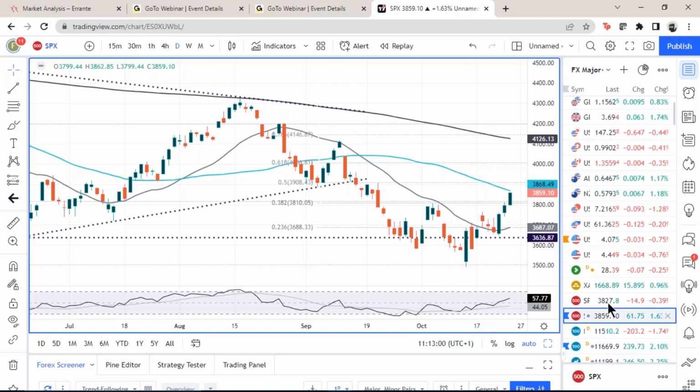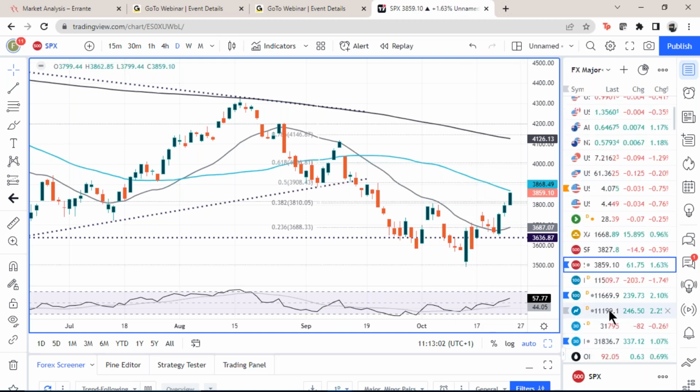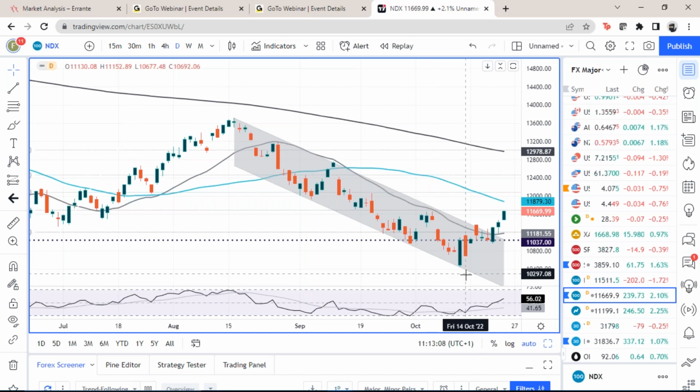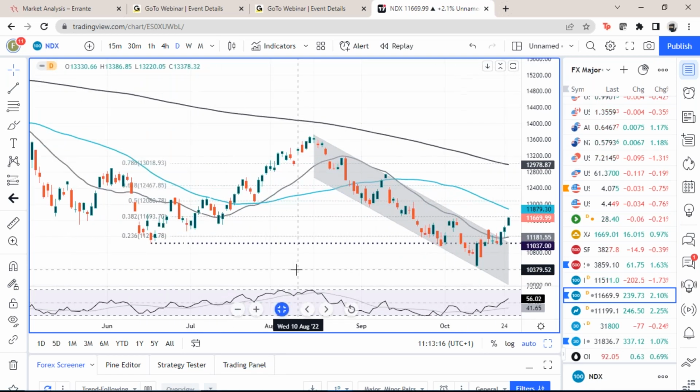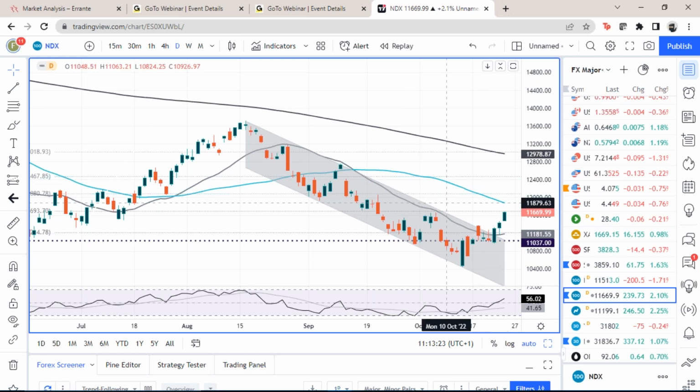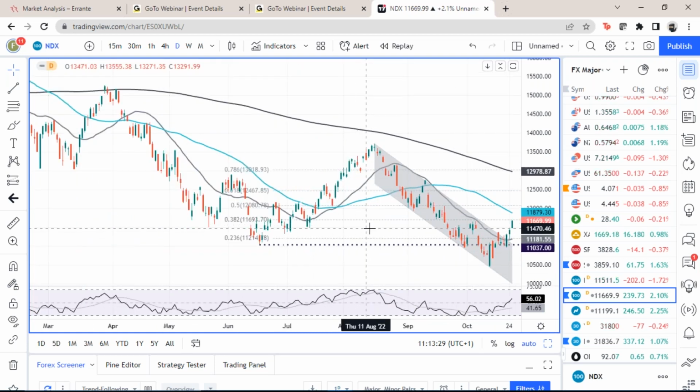As regards other US indices, we should probably highlight some of those. We have the NASDAQ, a similar type of chart, with a massive bullish engulfing candle, so a new low and then a higher close. We've pushed above that mid-June low, which is 11.037, and also out of this bearish descending channel that we've drawn from the August highs.